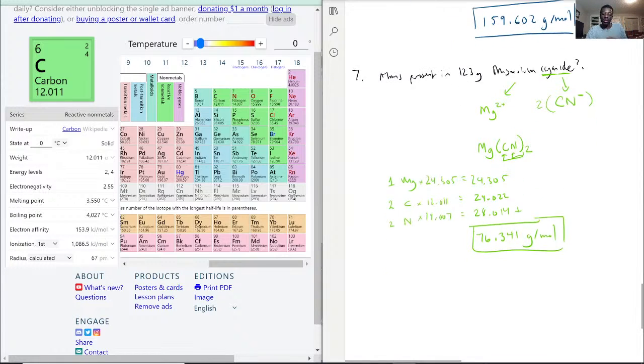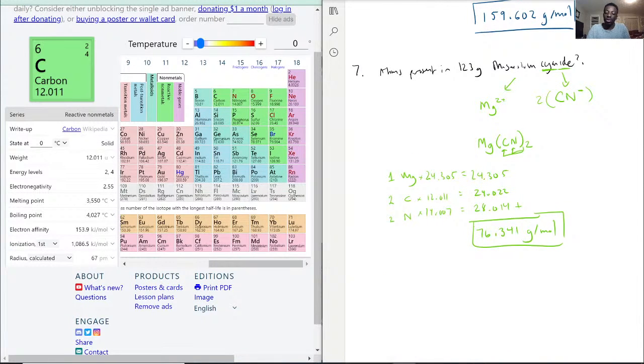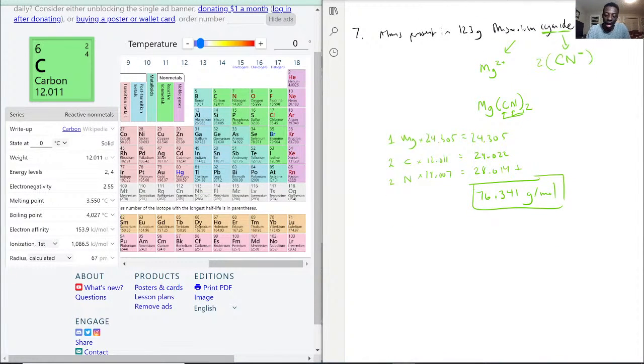So to find out how many moles are present, because that's the only way to find out the atoms, we'd have to convert. So with that being said, we have 123 grams as what we start with, and now we're trying to get from grams to moles. So we have to put the grams in the denominator, so it'll be 76.341 grams is equal to 1 mole of what we're looking for.